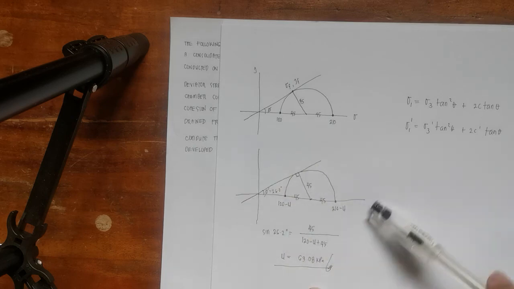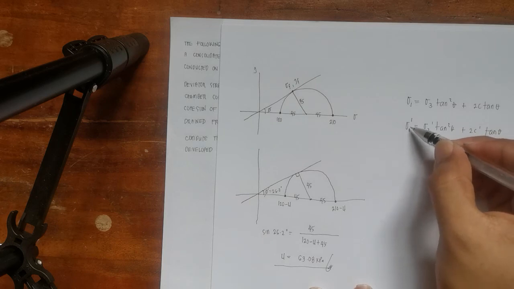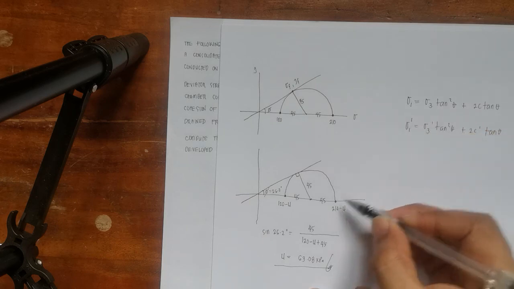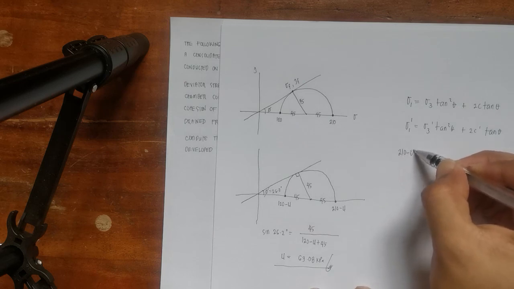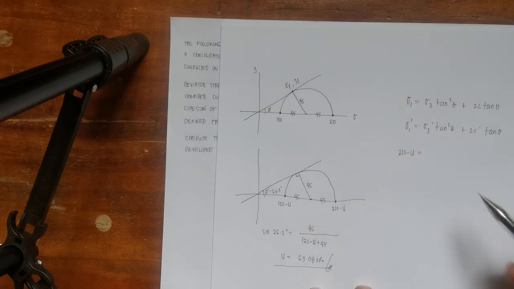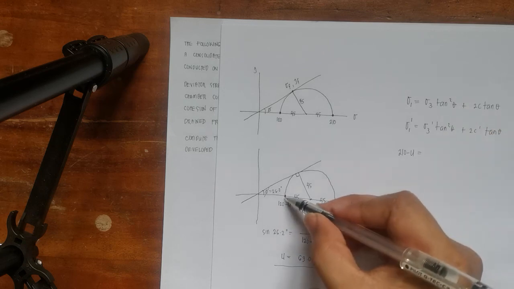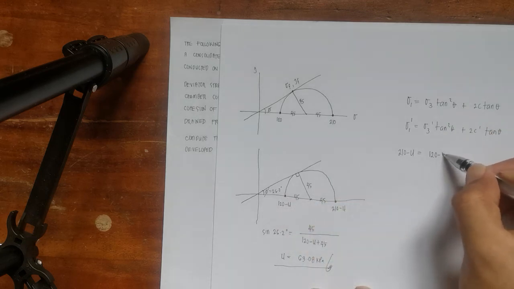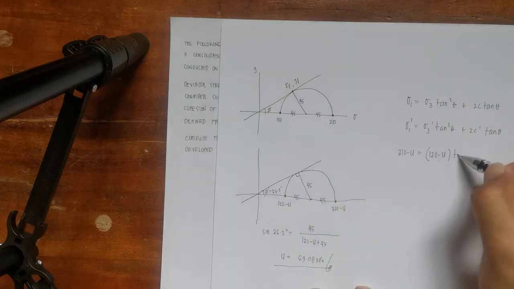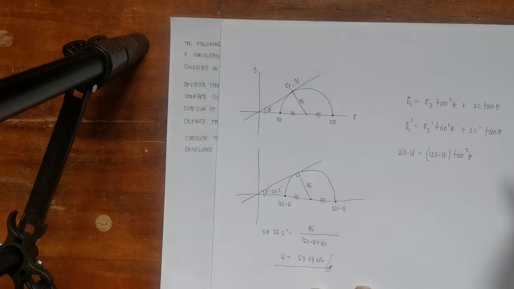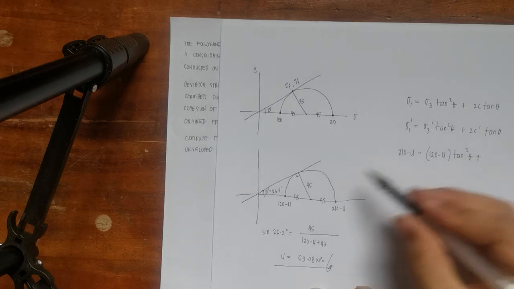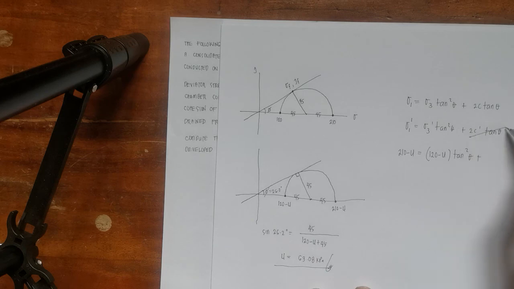solve natin, apply natin yung mga values na nakuha natin dito sa formula to. Sigma 1 prime, effective maximum normal stress, and that is 210 minus U, equivalent to sigma 3 prime, minimum normal stress, 120 minus U, quantity, tangent squared theta, plus, yung cohesion natin is 0, so that is plus 0.